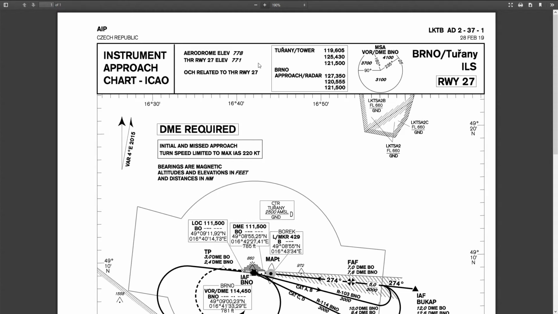That means that ATC is able to see your position from the surveillance radar and from the transponder. Under this altitude, 3,100, it is not sure that he will see you on the radar. Okay, so it's basically a blind spot.